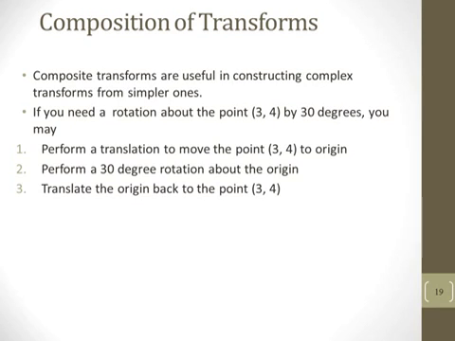Then we may perform a 30 degree rotation about the origin, and finally we translate the object back to the point (3, 4). Combining the three transforms, we obtain the required transform. In this example, we have three matrices. The first is the translation by -3, -4, then a rotation, and at last a third.